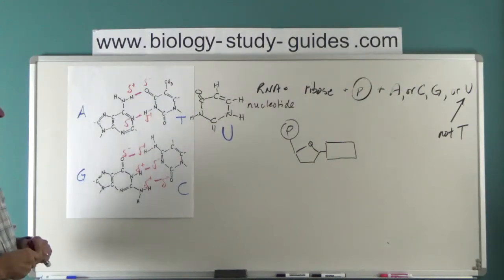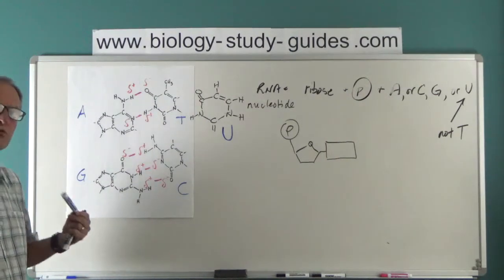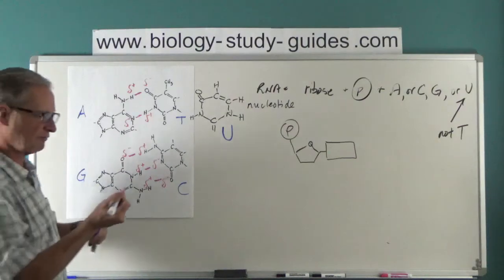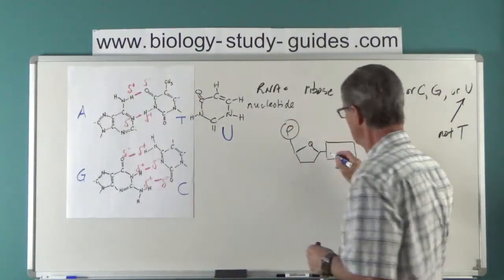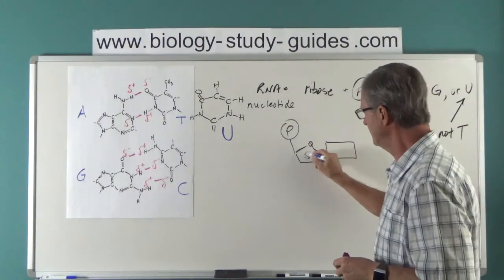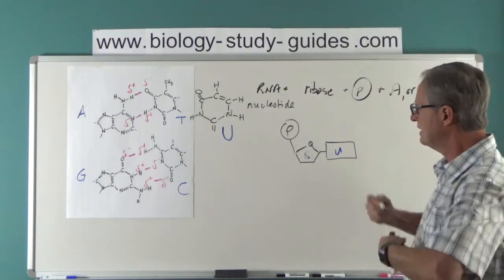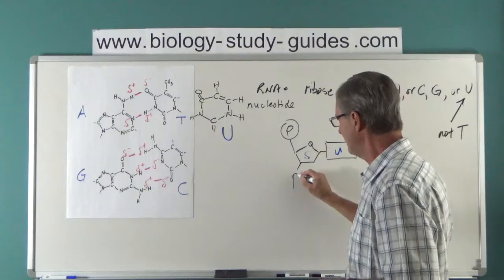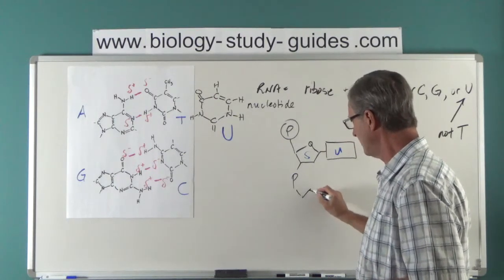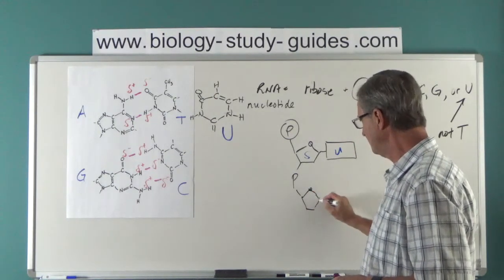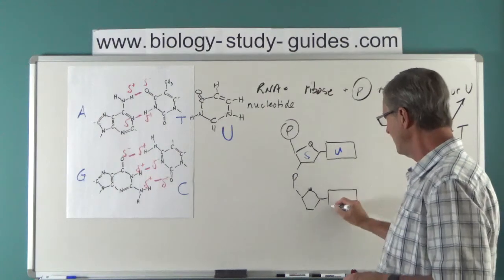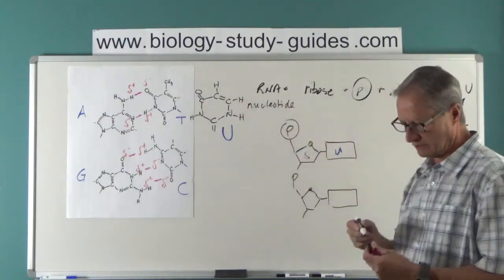So uracil replaces thymine in terms of where it would be in the molecule. So if we had the sugar, we could have uracil here. And this thing is a polymer as well. We have a phosphate and another sugar molecule here, same as we had in DNA, and another base here, and so on like that. And the thing goes on and on and on.